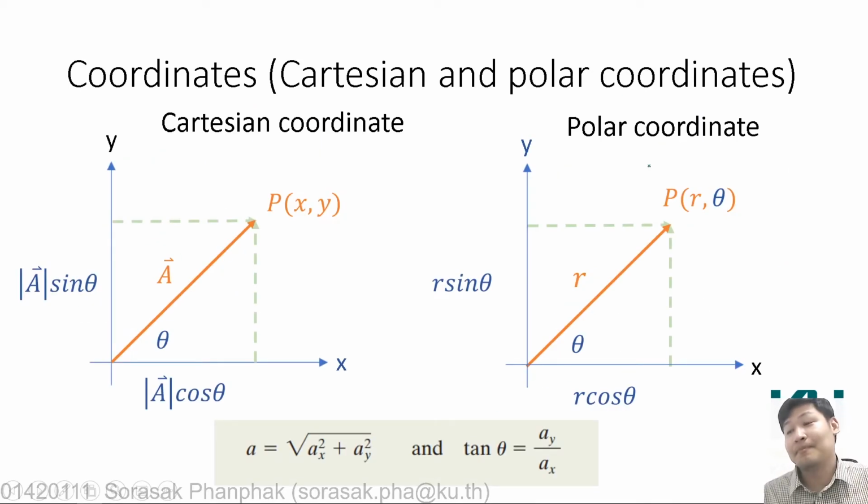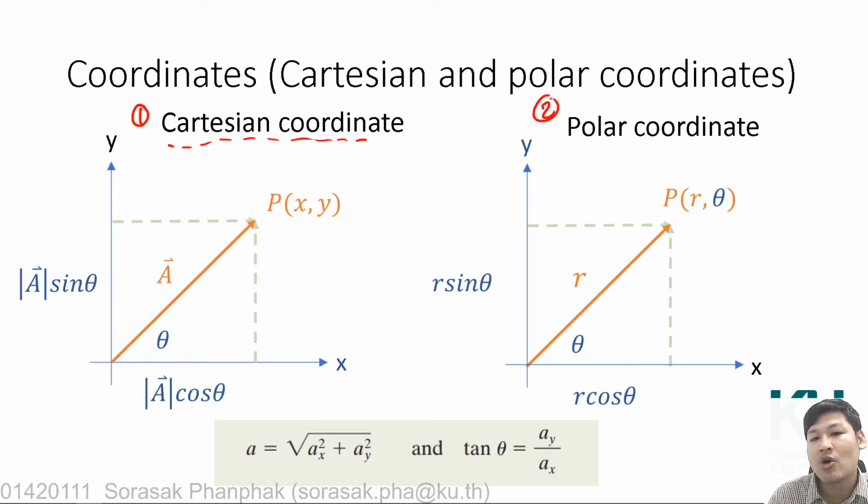Not only that, for the properties of vectors that help you to do vector operations after this, you have to understand the coordinates or the components of the vectors. And most of the time, not only in the Cartesian coordinate, we also use the polar coordinate as well. How different are these two coordinates?